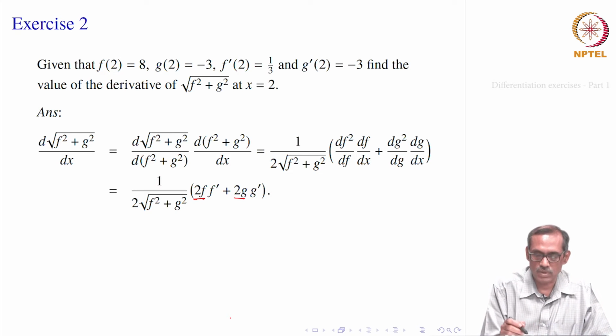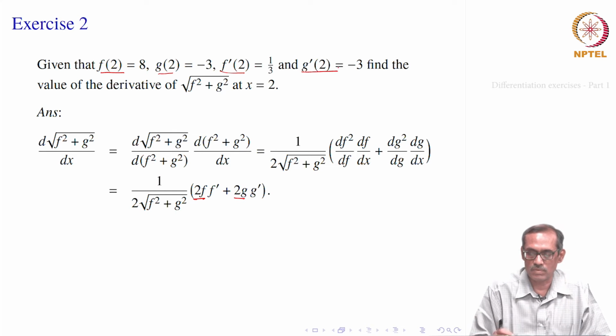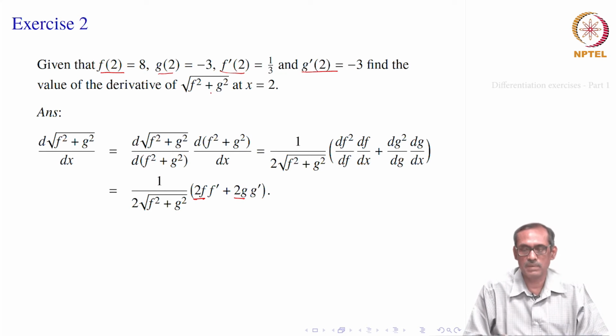Now, we do not know how to evaluate this at any point, but we are given that at 2. Our data says f at 2, g at 2, f prime at 2 and g prime at 2. And of course, we want the derivative of square root of f square plus g square at 2.